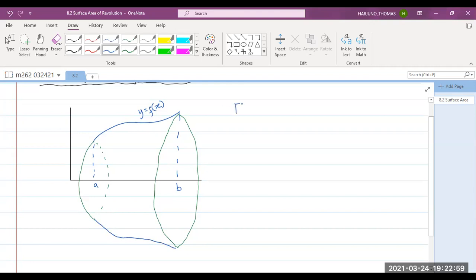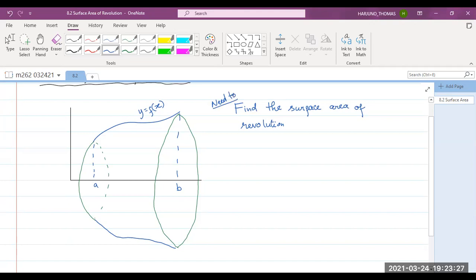We want to find the surface area of revolution. What will the formula be?